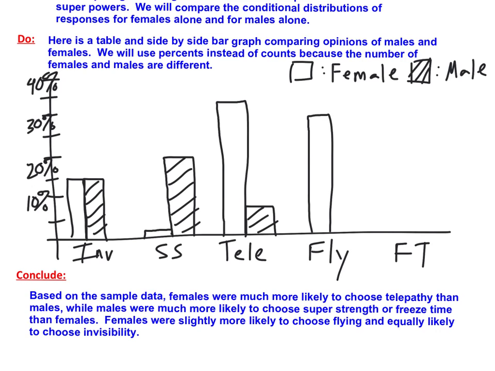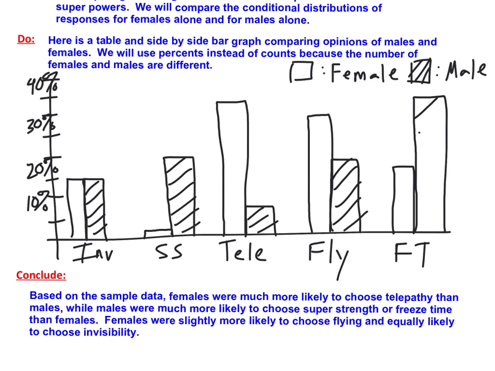Flying was 31% for females, only about 21% for males. Freezing time, 17, and all the way up to 37 for males.